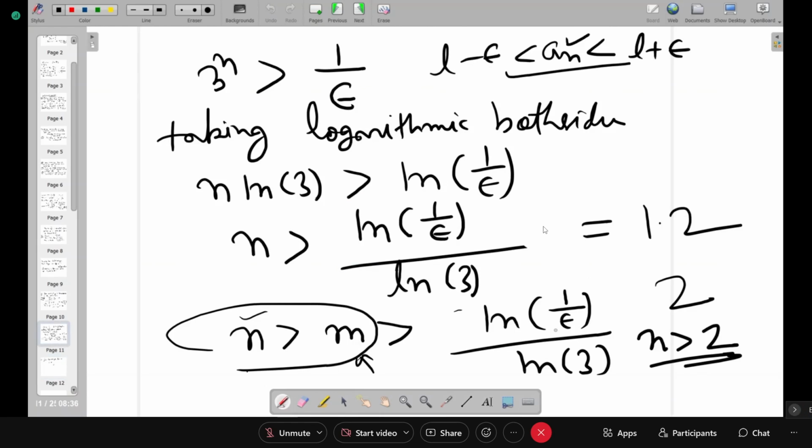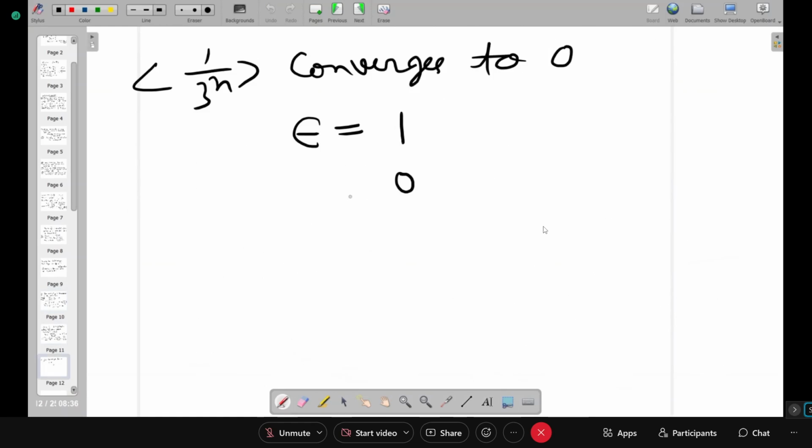So yes, sir, you can find out m is equal to 1, and all values greater than 1.